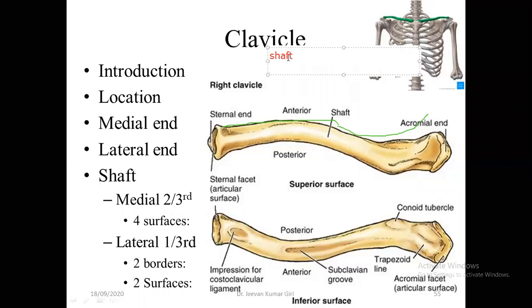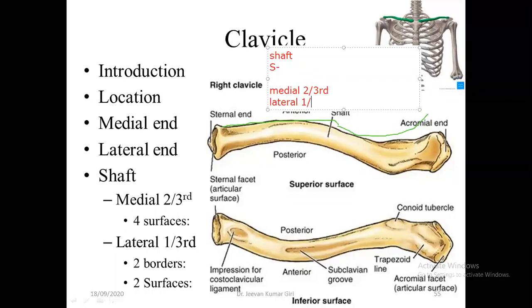So the shaft has an S shape curvature, with a medial 2/3 and a lateral 1/3.